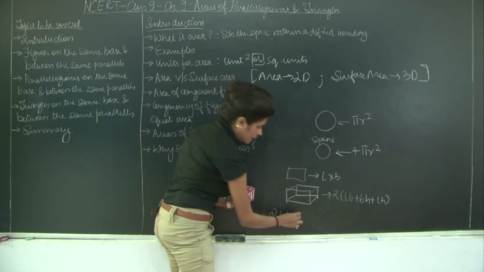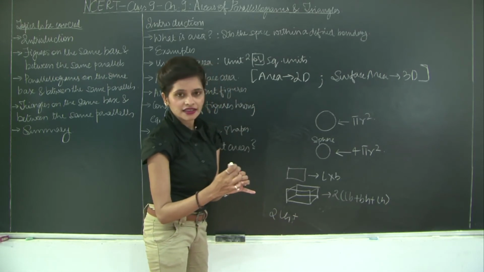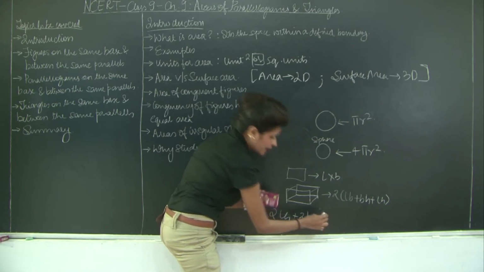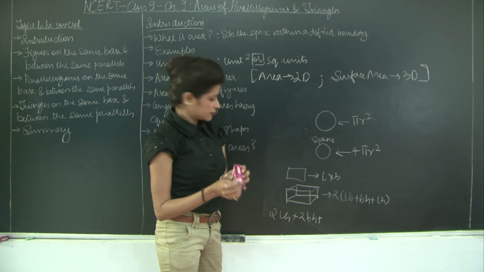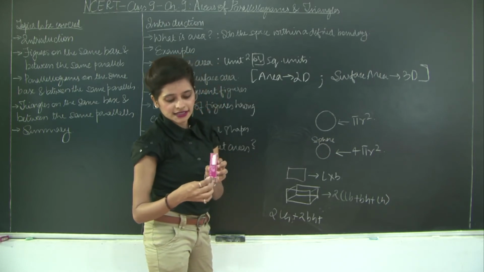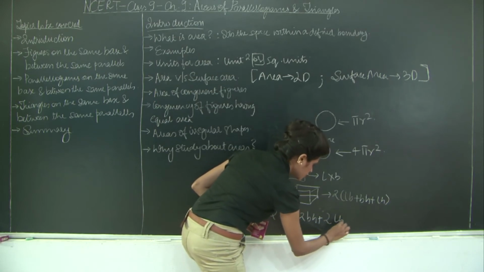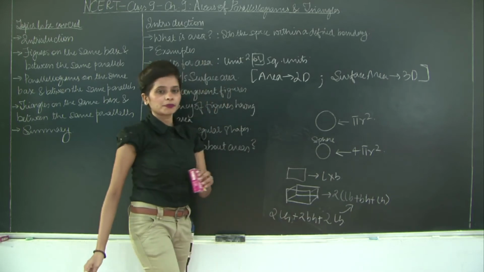Plus, now if you see the walls, they have breadth and height. So, 2 breadth into height. Then finally you have length into breadth. Sorry, this is the breadth and this is the length. So, 2 into LB. If you take 2 common, you get 2 into LB plus BH plus LH.